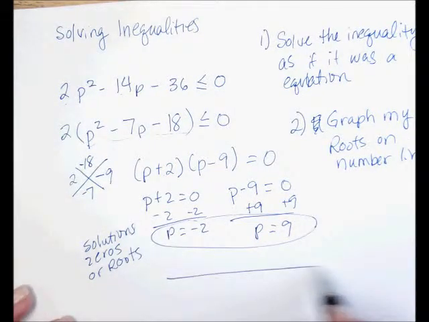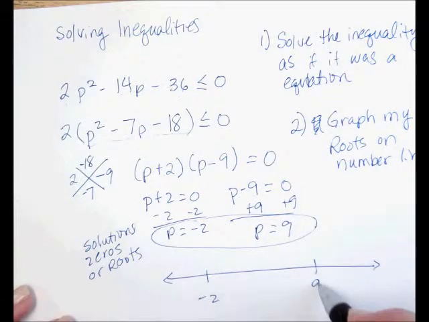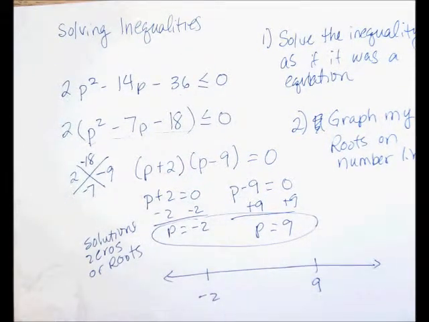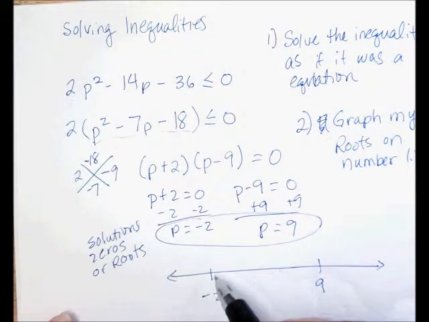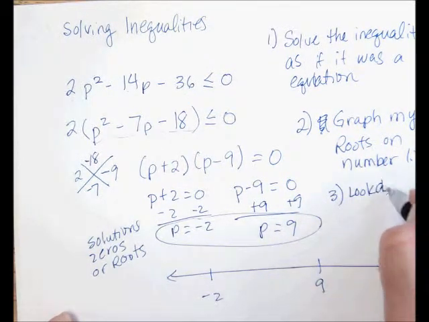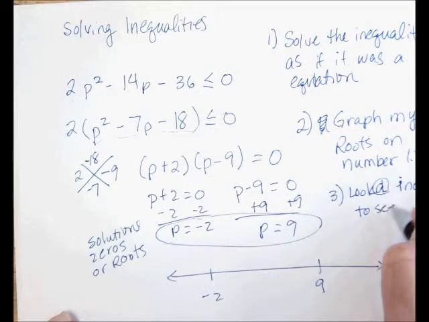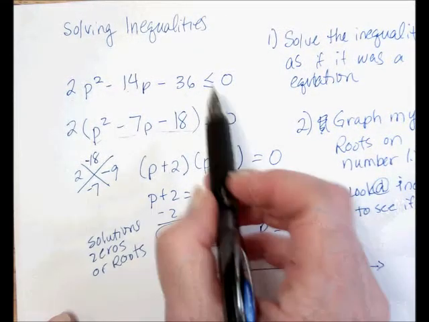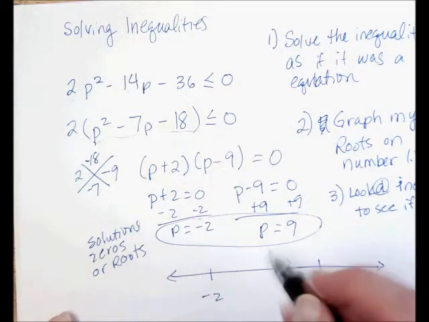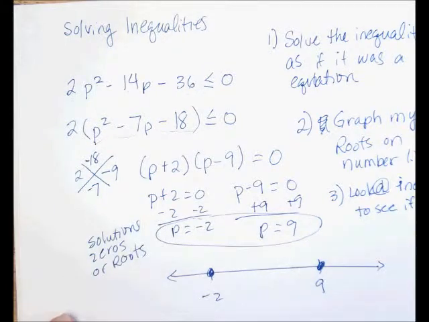So I take my roots and I place them on a number line in order, so that it is a true number line. My next step is I look at my inequality sign to see if it's an open circle or a closed circle. My inequality sign indicates that it's going to be a closed circle on my roots.